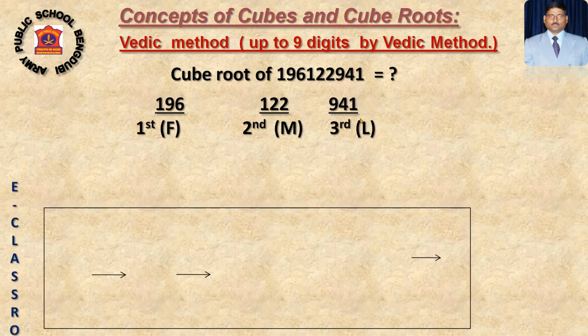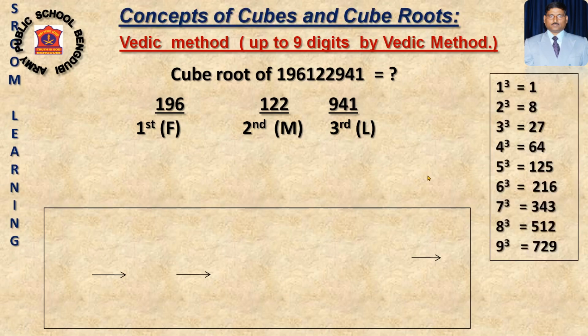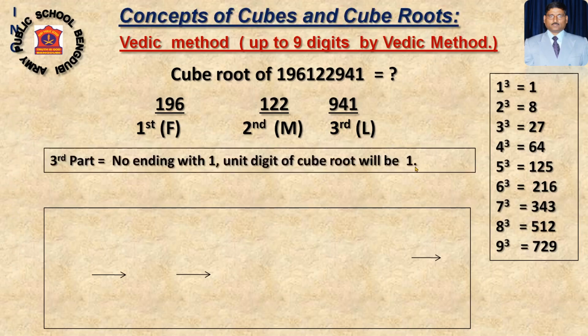For the two-part answer: the number ends with 1. What is the unit digit of the cube root? 1 only. So your answer's unit digit will be 1. And this first part, where does it lie? 196 is where?